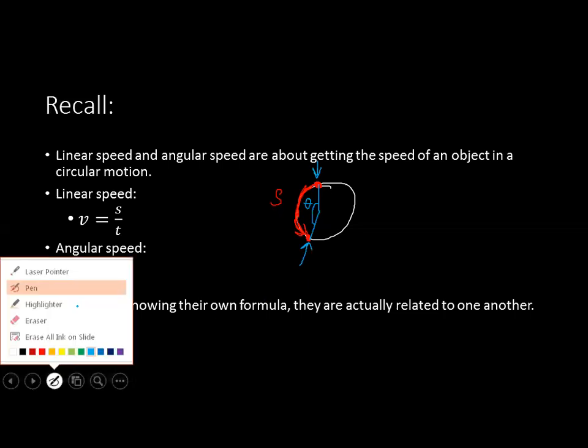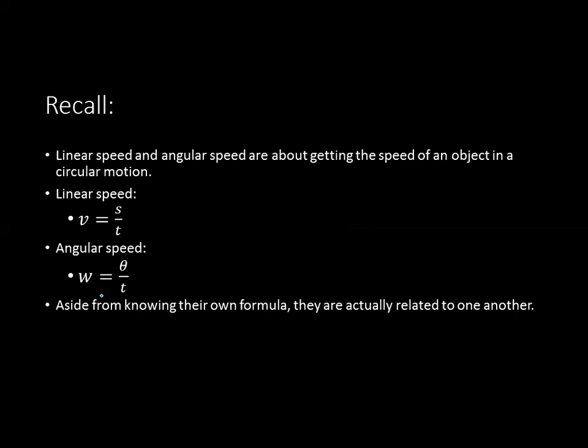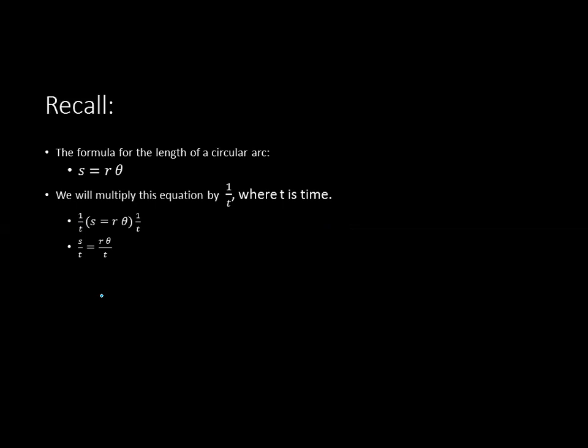But let's talk about formula. Remember the arc length formula? Now, try this one. I want you to divide this equation by t, or multiply this equation by 1 all over t, where t is time.